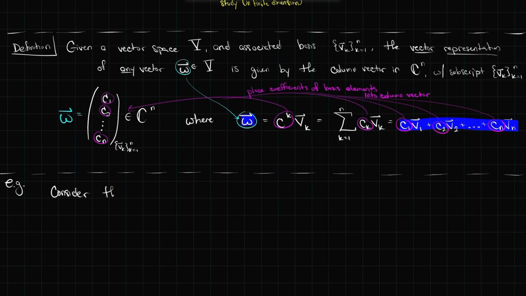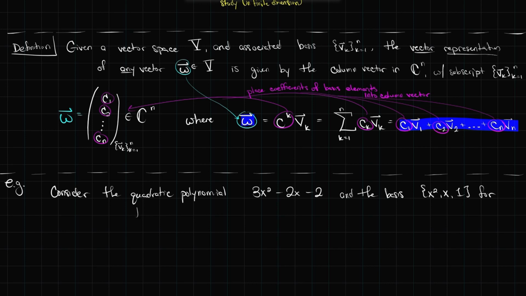Consider the quadratic polynomial 3x squared minus 2x minus 2, and the basis x squared, x and 1, for the vector space P2, which is defined as the span of x squared, x and 1.